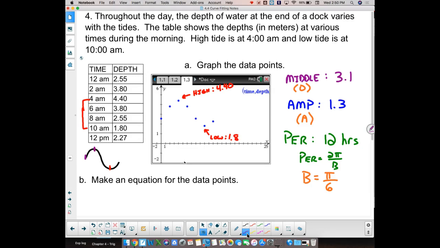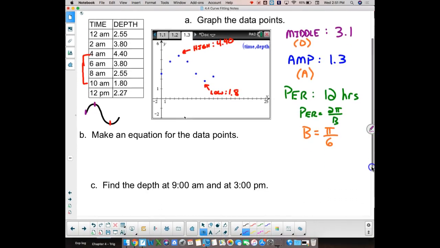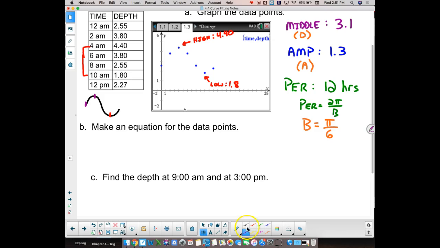If my period is 12, what's the first quarter distance? 3, right? So where does this curve start? It does not start at 0. It starts at 1.